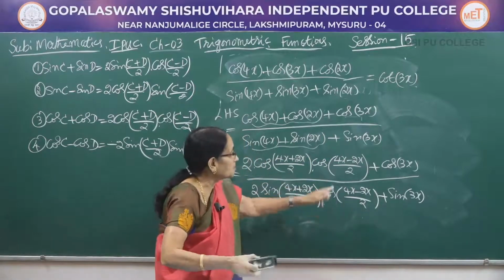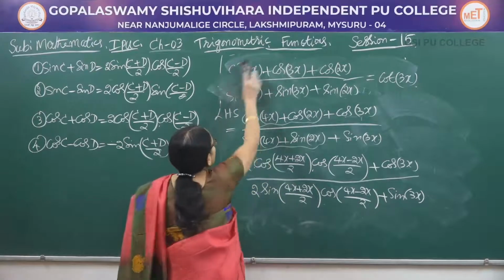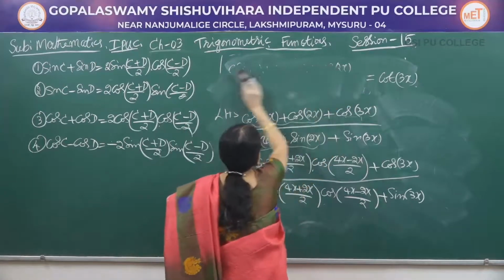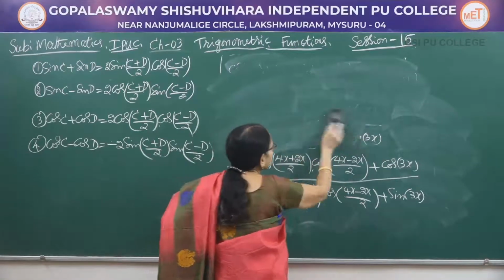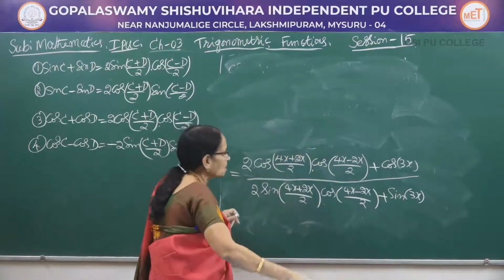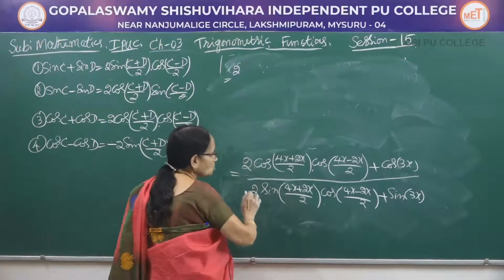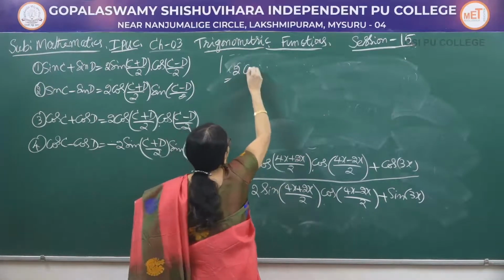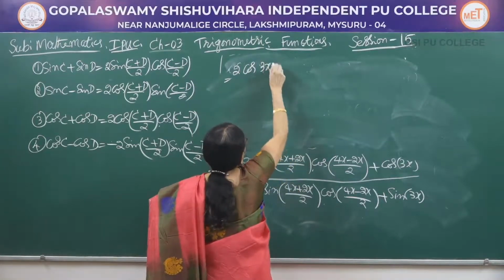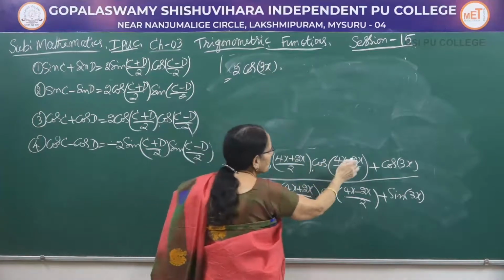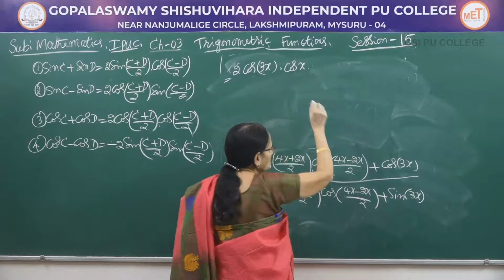Now don't do any cancellation directly, because it is an expression in the numerator. It is not a single term there. So we simplify further, then let us see what can be taken out as a common factor. So this would be equal to, don't cancel these 2 also, not correct that one. It is 2 times 4 plus 2, 6 by 2, that is 3x, into 4 minus 2, 2 divided by 2, that is again equal to x.